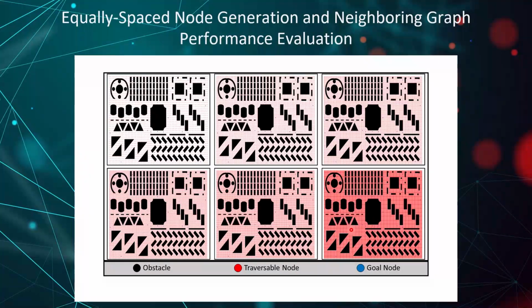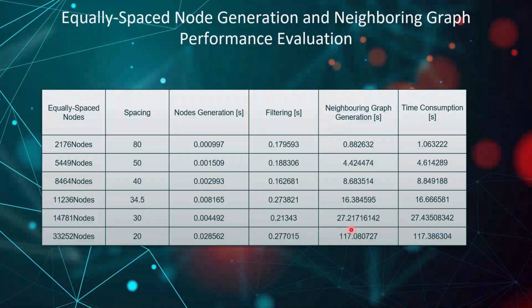However, there is a trade-off between the amount of generated nodes and the computational complexity of the algorithm. This trade-off is present in this table. In a quick overview, when the spacing was large, we have a smaller number of generated nodes. However, when the spacing was small, we have a huge number of generated nodes.